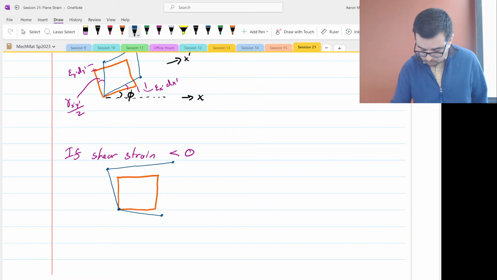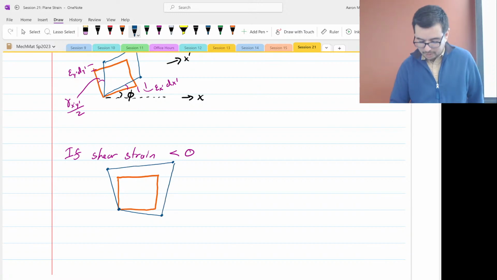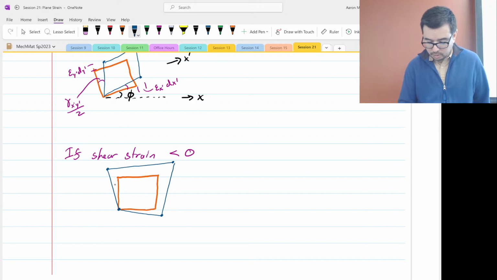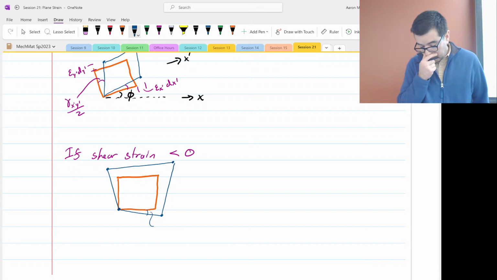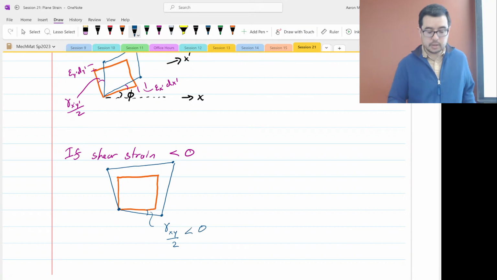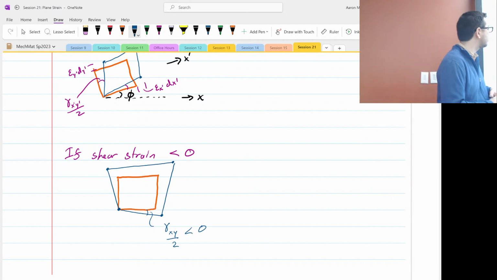It's not a nice looking rhombus. But in this case, this would still be gamma xy over 2, but this is now negative. This is going to be less than 0, because it's gone beyond the 90 degrees.